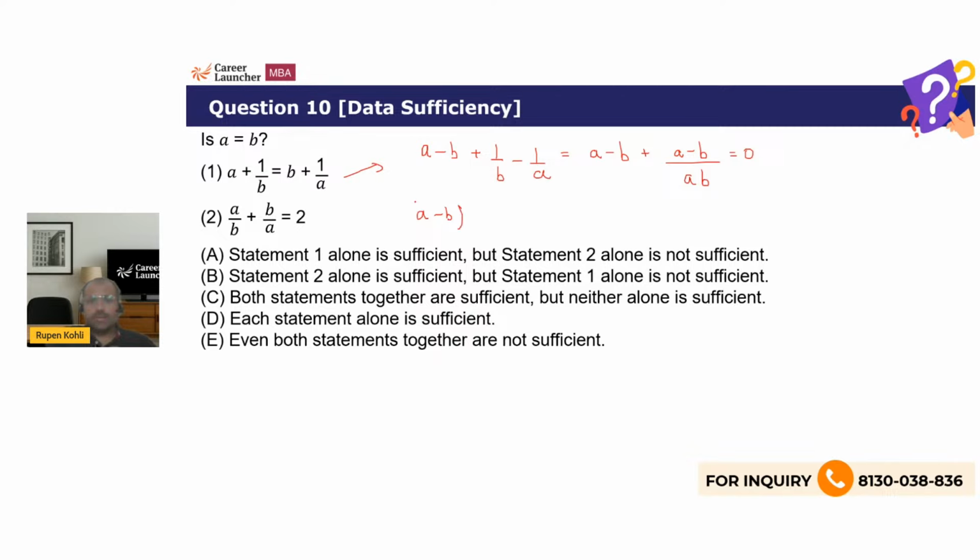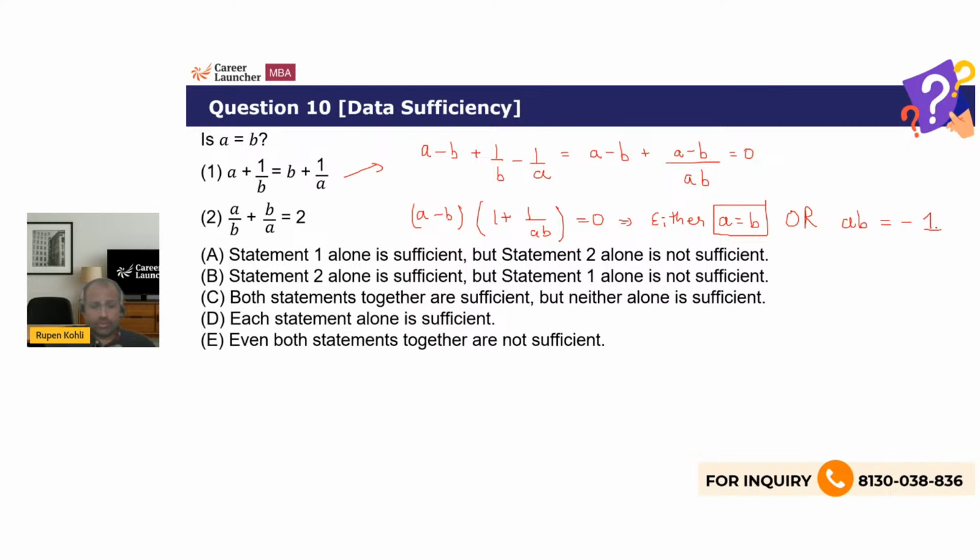So A minus B times 1 plus 1 by AB is 0. When the product of two things is 0, then either of them can be 0. So either A minus B is 0, which means that A equals B. So this is a possibility. Or if 1 plus 1 over AB is 0, which means AB plus 1 is 0, or A times B is minus 1.